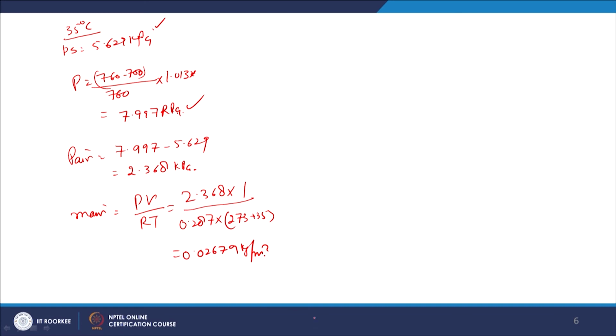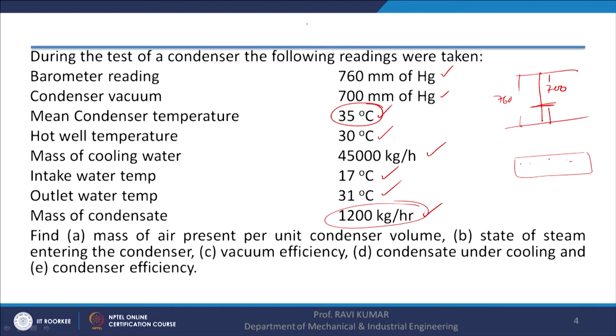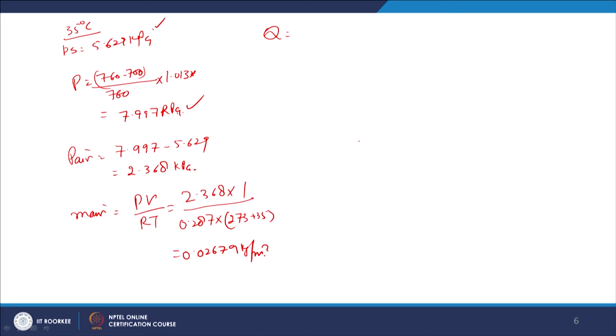Now steam is at, this is hot well temperature 30 degree centigrade. So here Q is equal to mass of the steam times HS1 minus HWC. Now for the mass of the steam, this is HW1 plus X lambda 1 minus HWC.